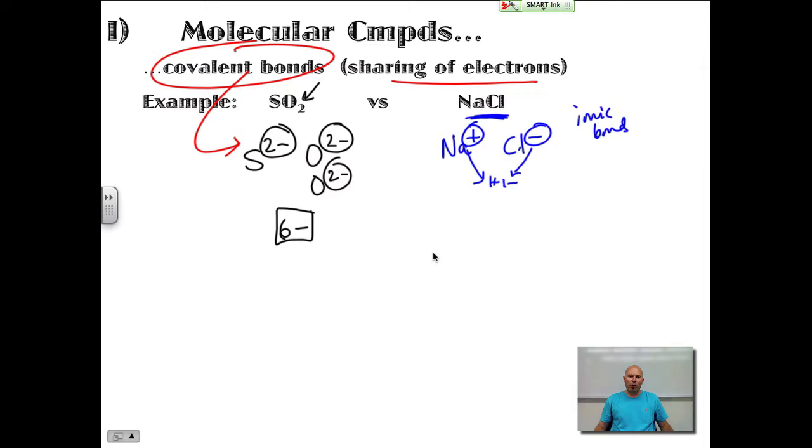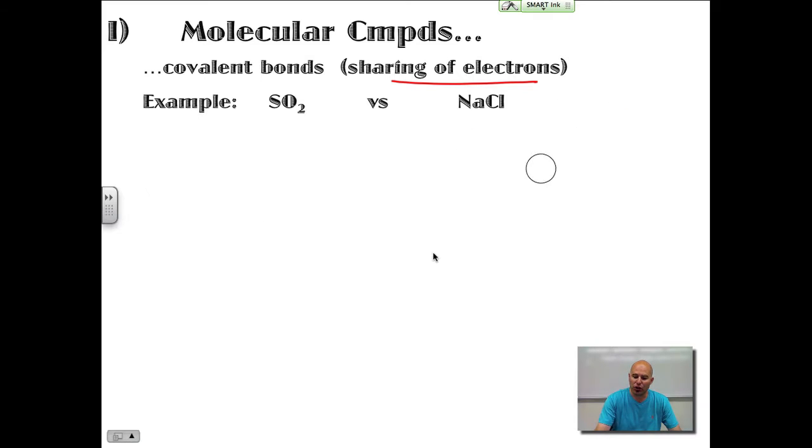So with covalently bonded substances, with molecular compounds, you are not trying to balance charges. Don't try to do it, it's not going to happen. Now, another way of describing this is when we have two non-metals getting together. If you have two non-metals getting together, then you are forming a molecular compound.